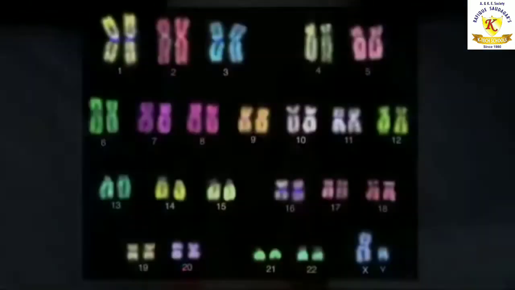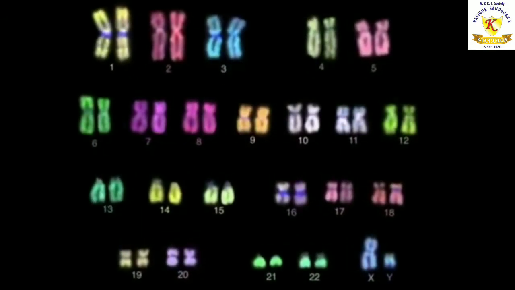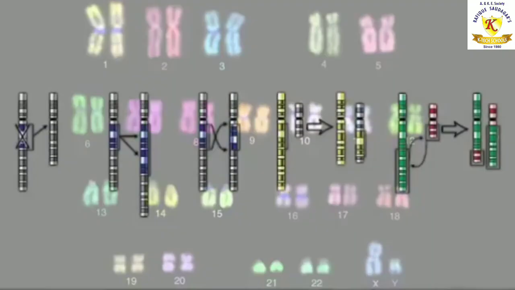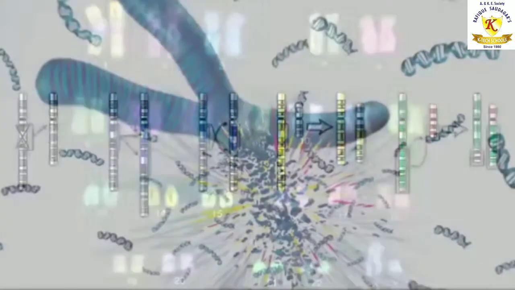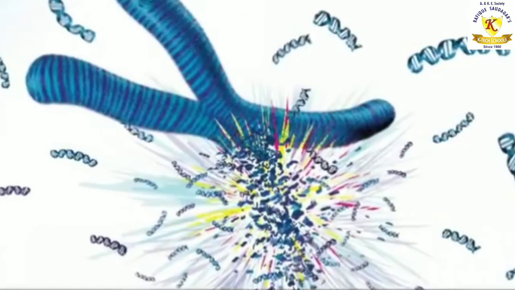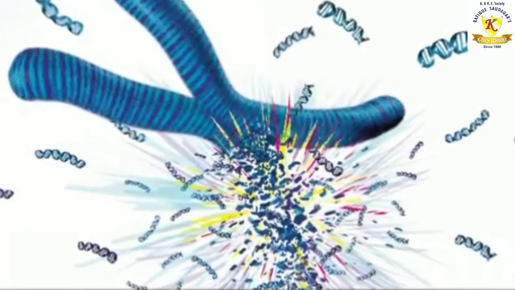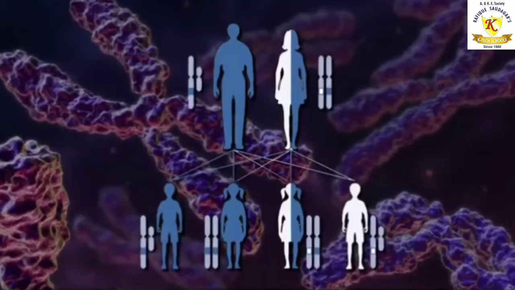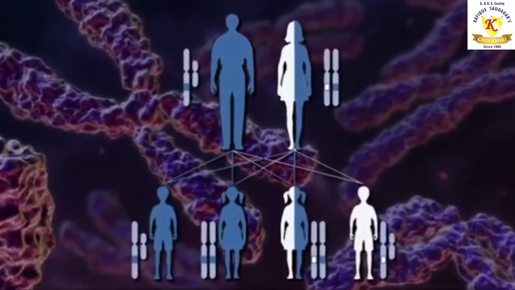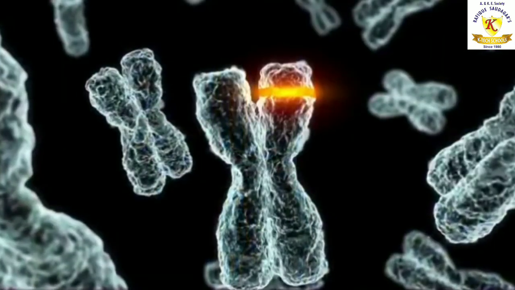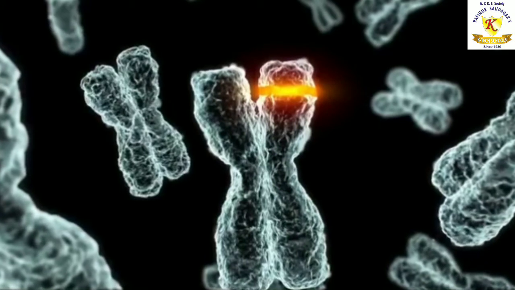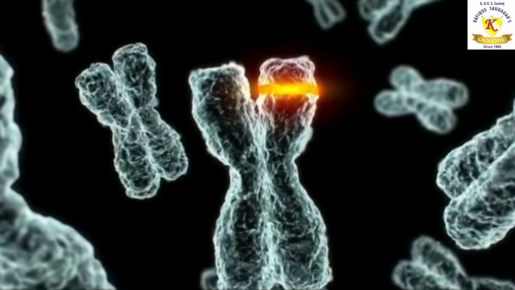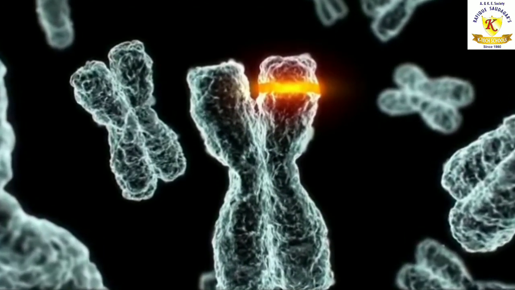Now, the reasons for genetic disorders are increase or decrease in the number of chromosomes causing numerical changes, deletion of any part of chromosome, translocation of chromosomes, and sudden change or mutation occurring in the normal gene, turning it into a defective gene.